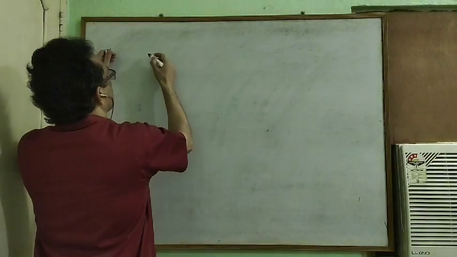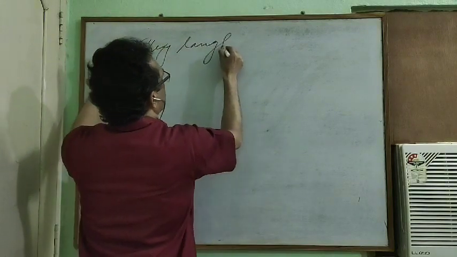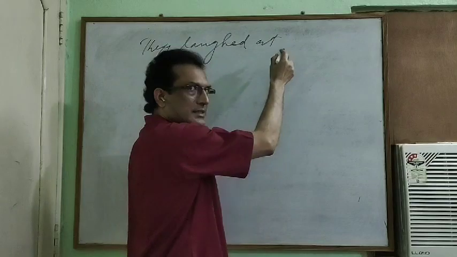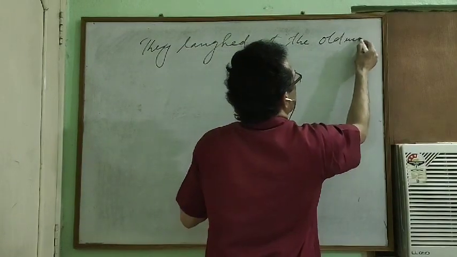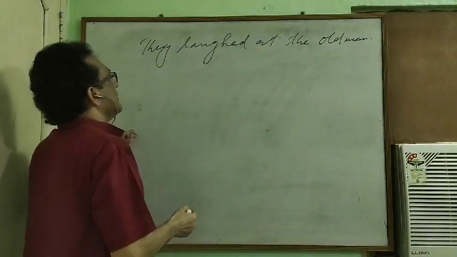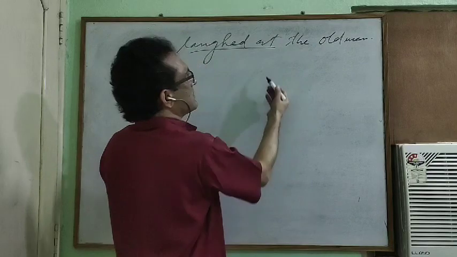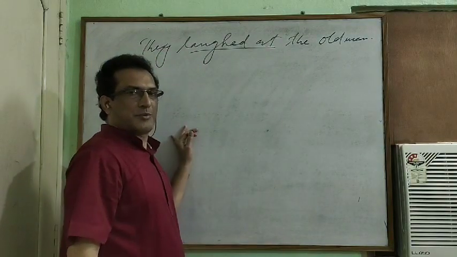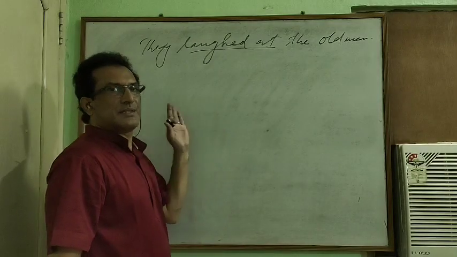For example, they laughed at the old man. So here, laughed at. This at is the preposition. So this prepositional verb should be used exactly the same way in the passive.